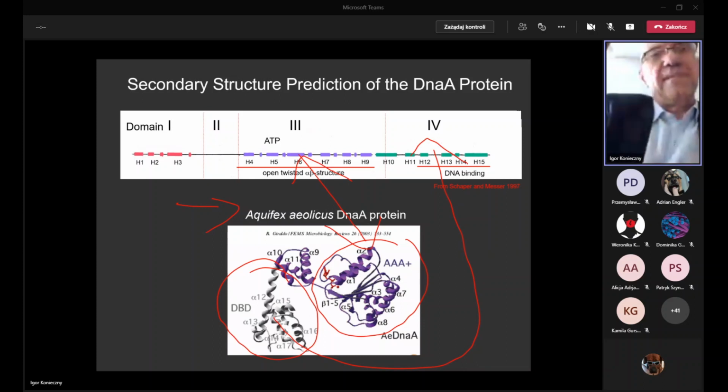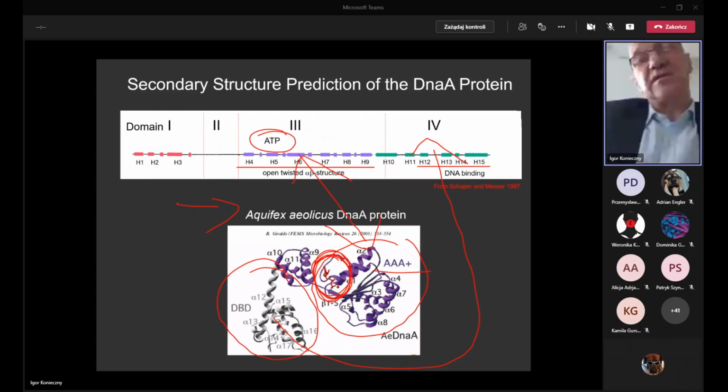And what you can also notice is the red thing here, in the AAA+. Well, it's ATP, okay? So this is the site for the interaction of ATP.